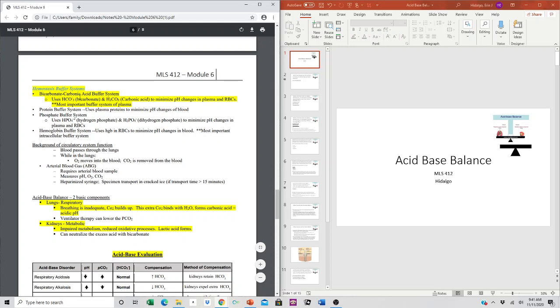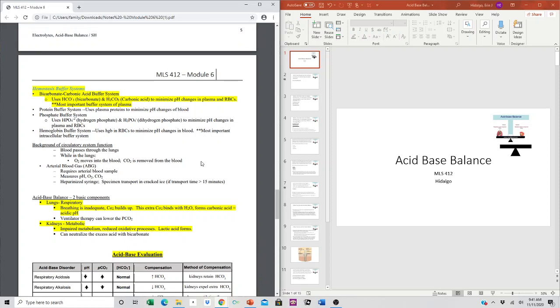Uses bicarb and carbonic acid to minimize pH changes in plasma and RBCs. It is the most important buffer system of plasma. So when we're talking about acid-base balance, it is usually related to the bicarbonate carbonic acid. And that also goes for VOC as well. But just to know, there are other buffer systems.